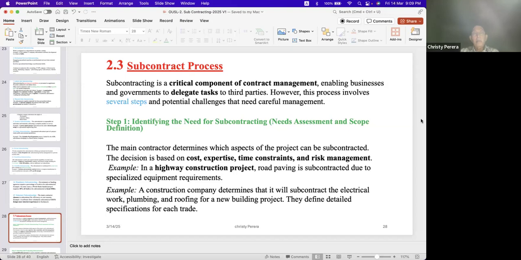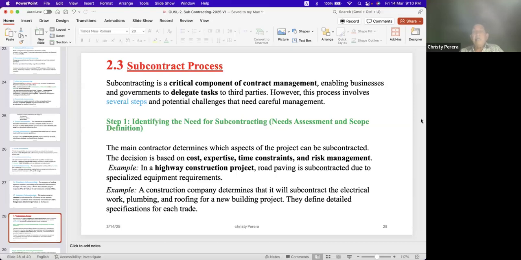Step 1, need assessment, need identification. First, you will have to see, like other things, need identification. What are the needs to give subcontract? Do you have a need to give subcontract? When you get the contract, you will have to study the need for subcontracting. The main contractor determines which aspects of the project can be subcontracted.